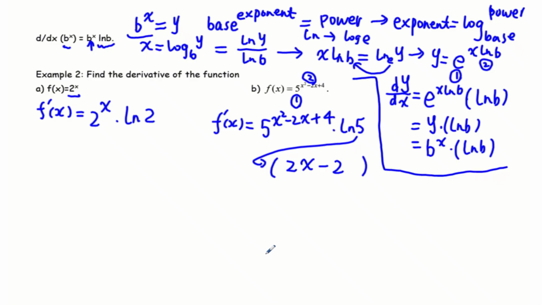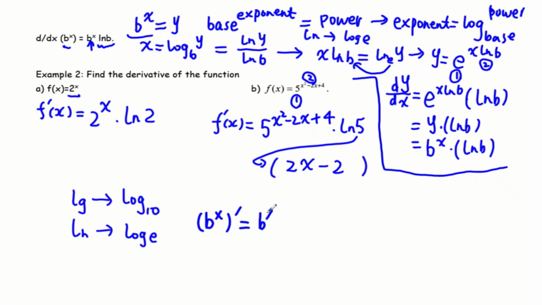So this is how you can do it, okay? And on your calculator you will see lg is log base 10, and ln means log base e, okay? And we have the derivative of b to the x is b to the x ln b, and you could just remember this one because for e to the x you can follow the same thing.